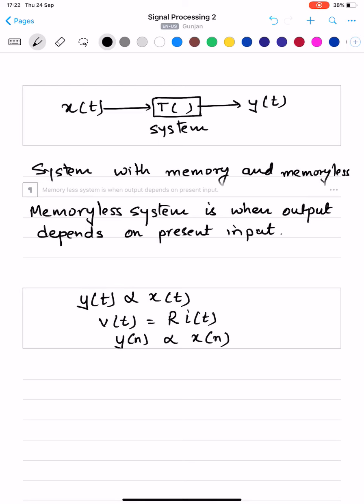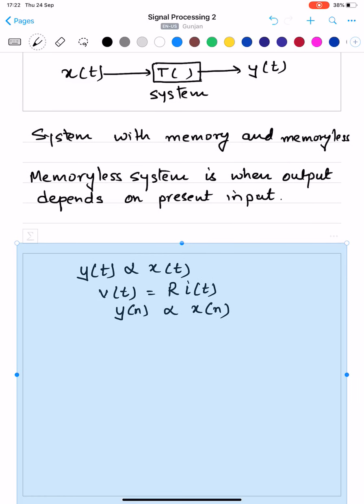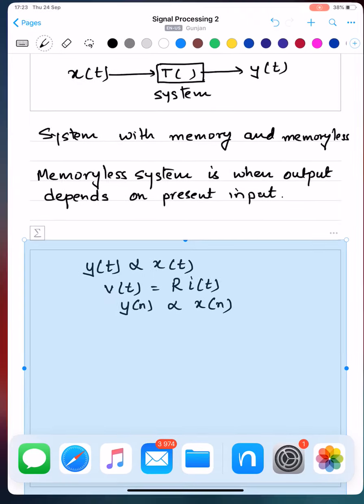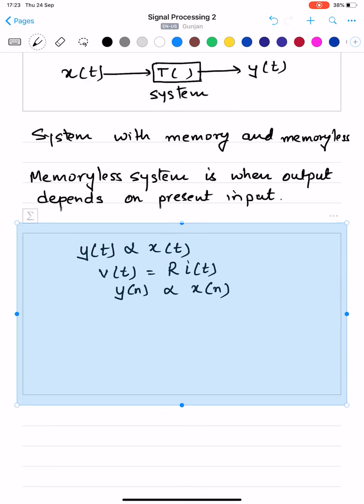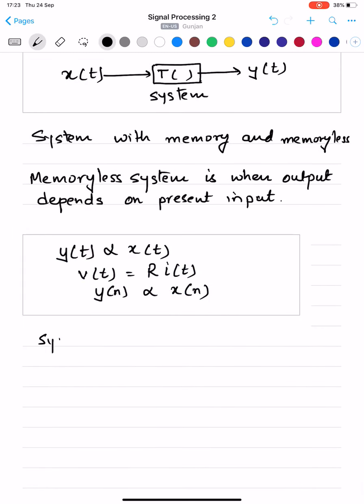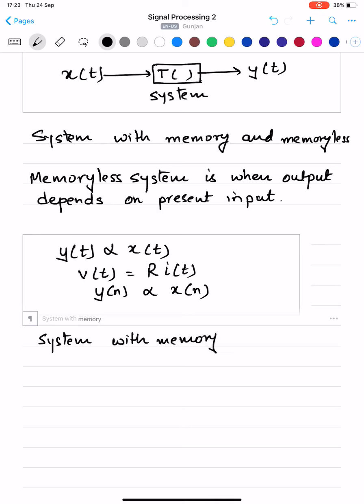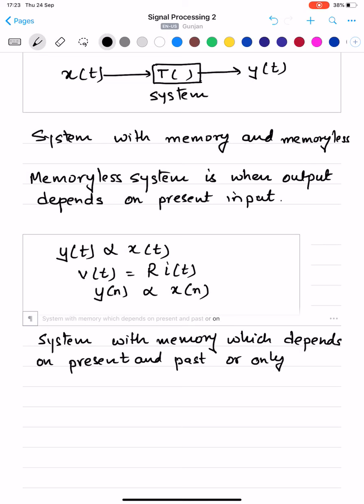Now, a system with memory is one which depends on present and past, or only on past.